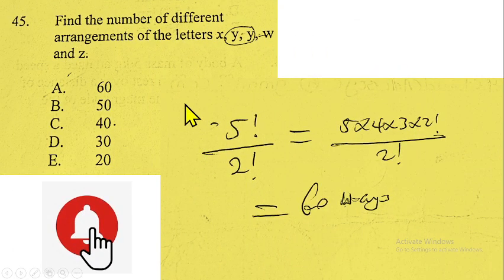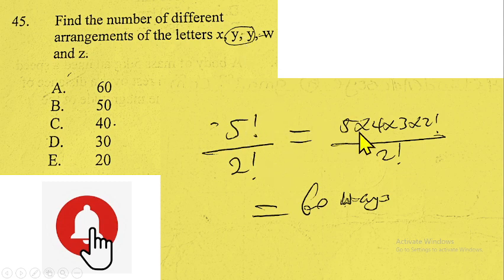Question number 45. Find the number of different arrangements of the letters X, Y, Y, W, and Z. So we have to permute these 5 letters. Considering that we have Y repeated twice, that will give us 5 factorial divided by 2 factorial, where 2 factorial is talking about the 2 Y's that we have here.